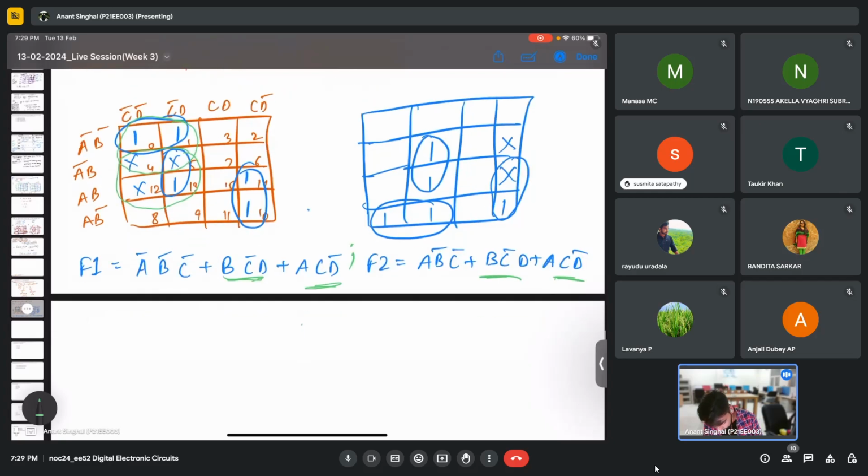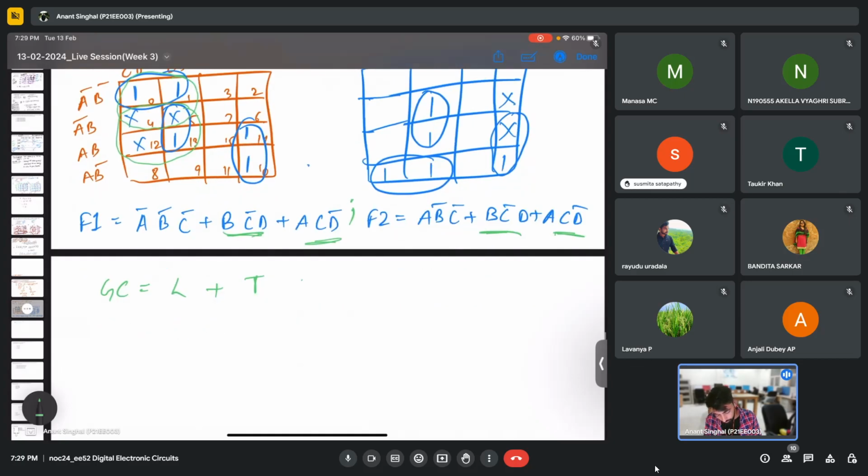First we'll calculate the gate cost, that is the literals and the total number of terms. Literals we need to find only for those which are not common. This is common here and here, so we don't need to count them twice. We will only count them once.